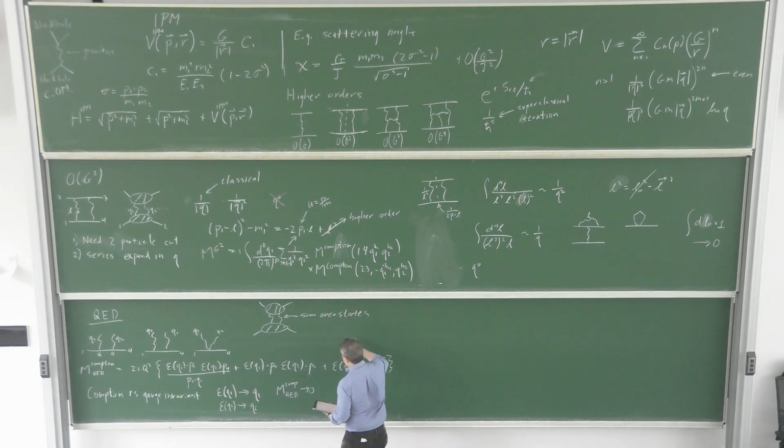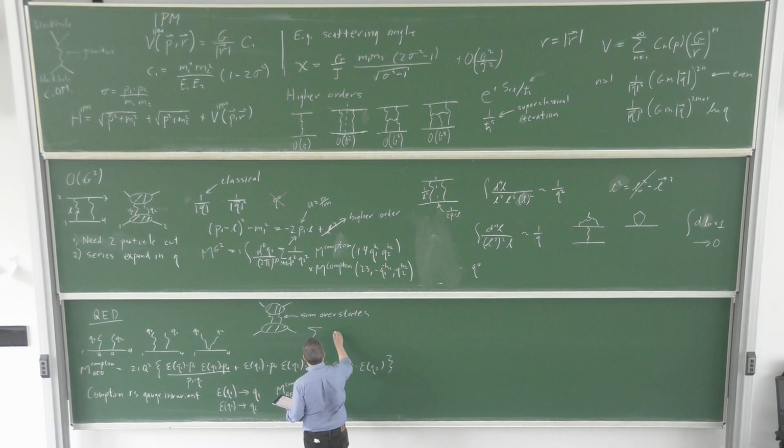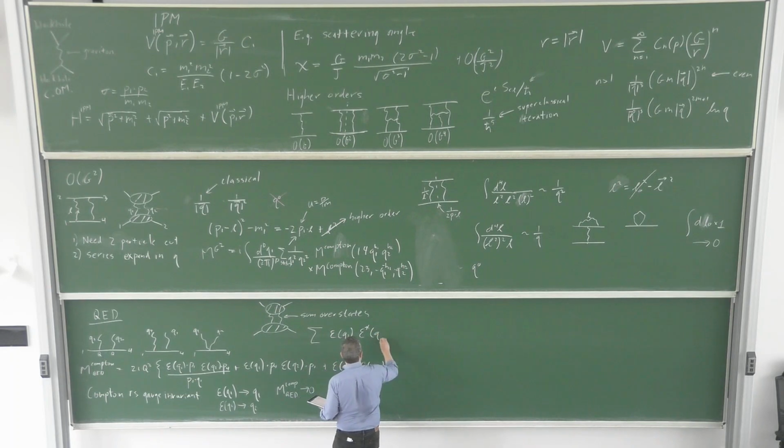So that state sum, the sum of, let's say, epsilon of Q1 and its complex conjugate, or also I could take the opposite momentum.